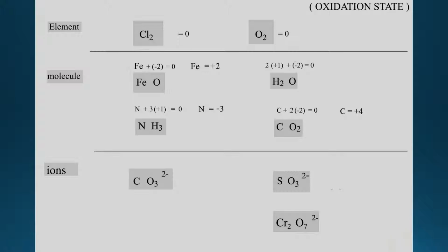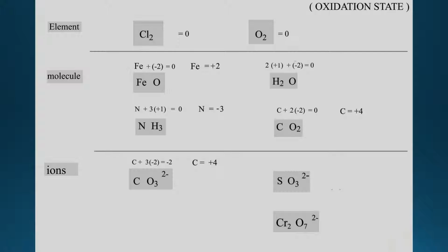Remember, a molecule in the beginning, the overall should always be 0. And that will be different from an ion. An ion will be whatever the charge is, they're not 0. So here, C plus 3 oxygen, oxygen equals -2, C equals +4.